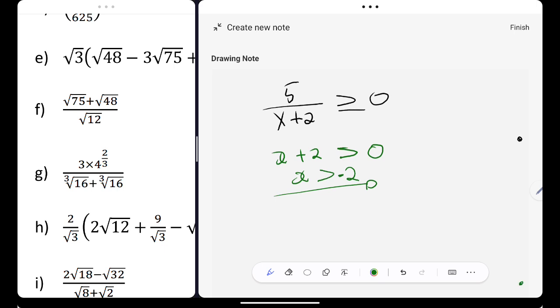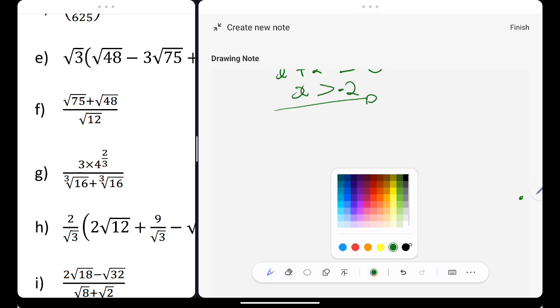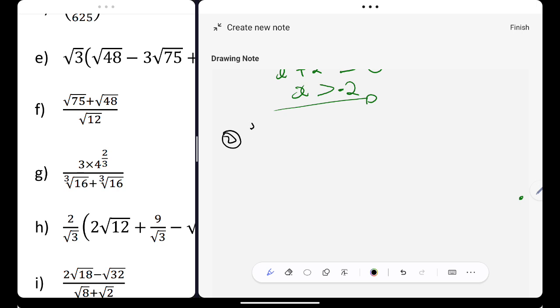But now, let's say we are asked: for which values of x will p be non-real? Question number 2. For which values of x will p be non-real?